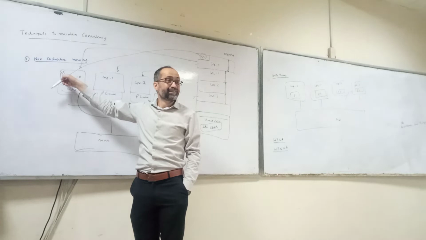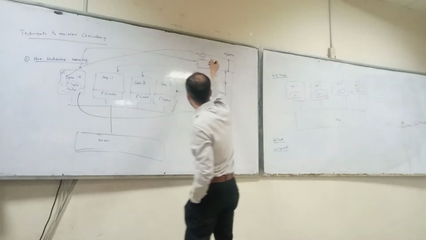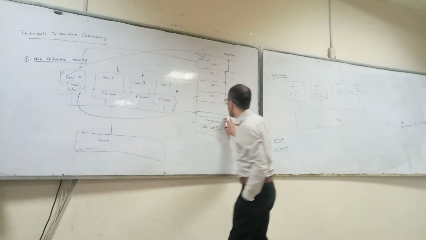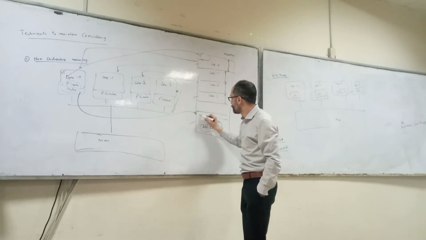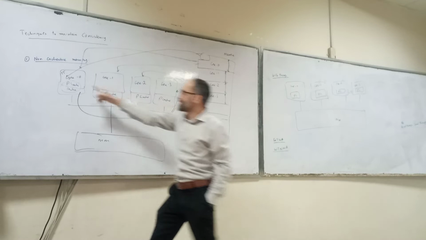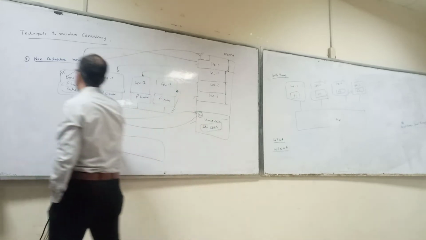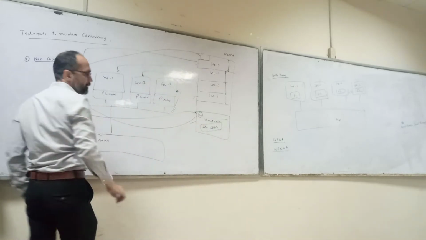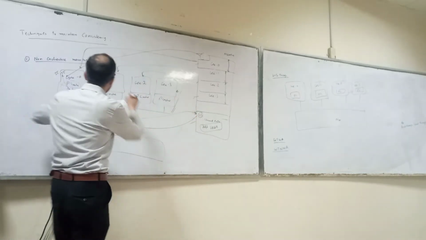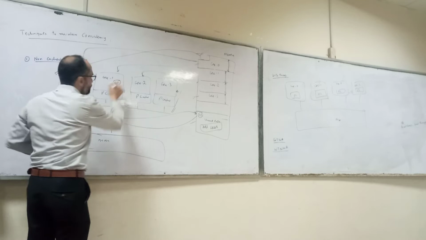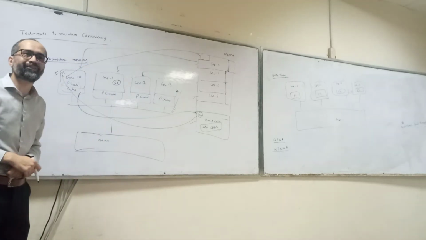Now let's assume we have this shared data, 55. Core 0 accesses this data and brings it into the private cache, 55. It's a read operation, not a problem. Again, core 1 reads this data and now it's also 55.